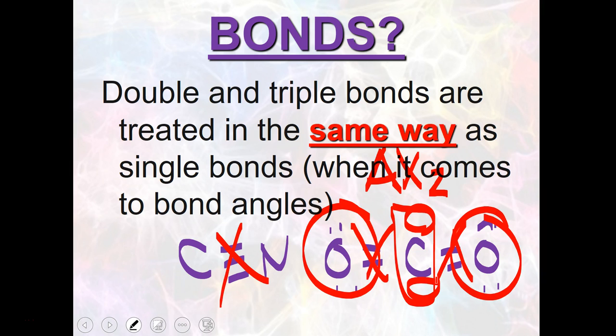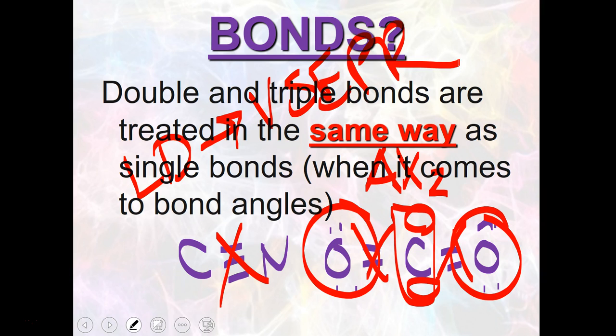So whether it's a double bond or a single bond, when it comes to going from Lewis dot to VSEPR, nobody cares. We care for the Lewis dot structure, but not for the VSEPR structure, because the number of bonds is not going to affect the electrons on the central atom. Well, it is going to affect them because you'll have less, but it's not going to affect the shape.